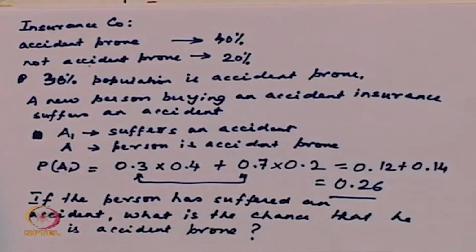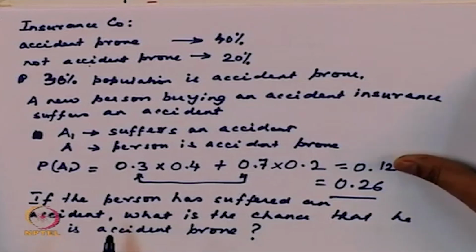So, I want the reverse question: if I know that the person has suffered an accident, what is the chance that the person is actually accident prone?